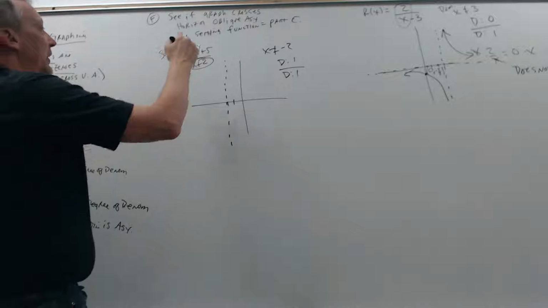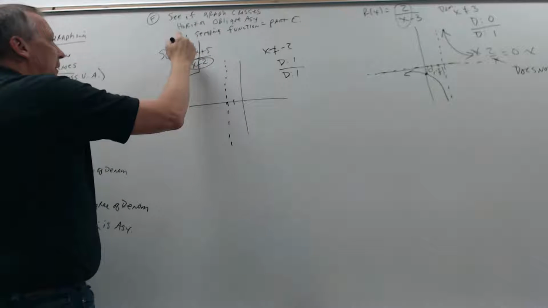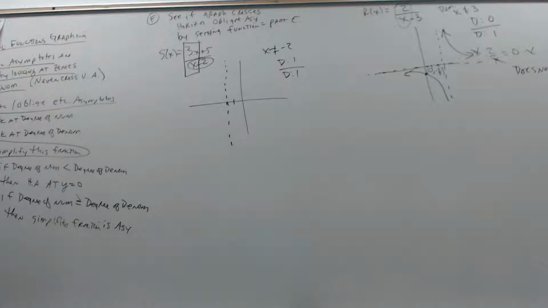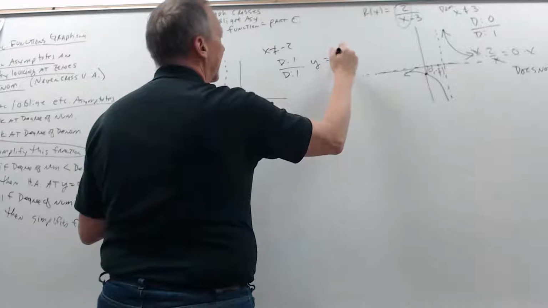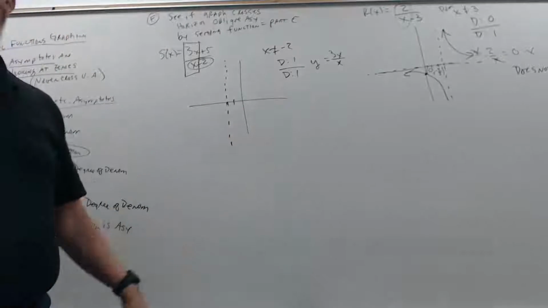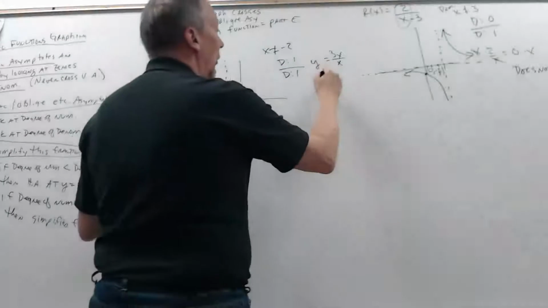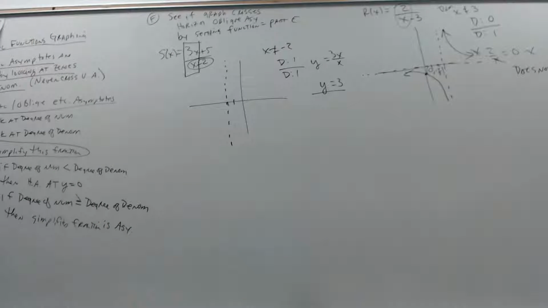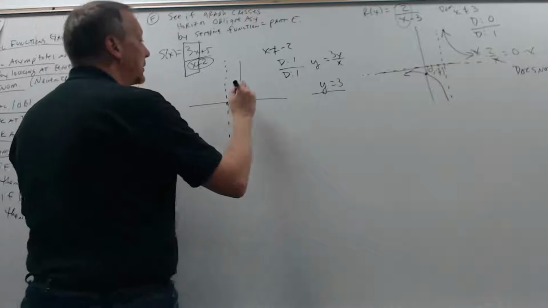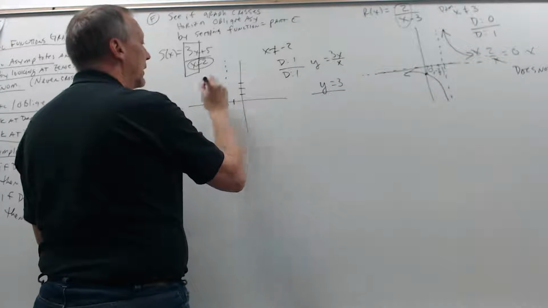So at this point, all I care about is the leading terms. The simplified fraction is going to be y equals 3x divided by x, and that simplifies to 3. Y equals 3. That's where my asymptote is. Okay? So I've got a horizontal asymptote at y equals 3.